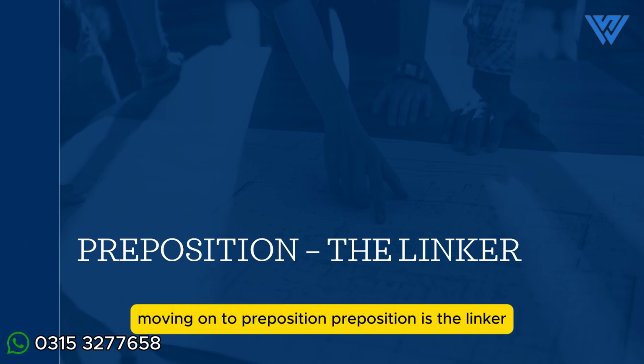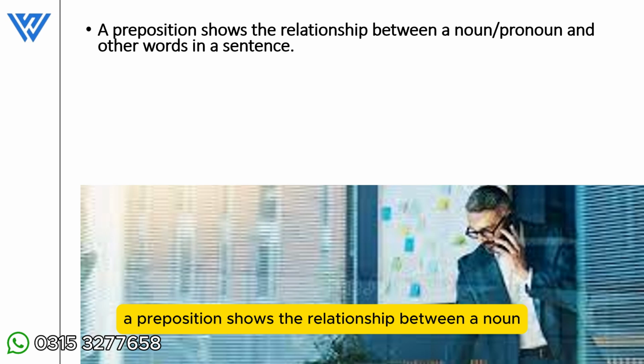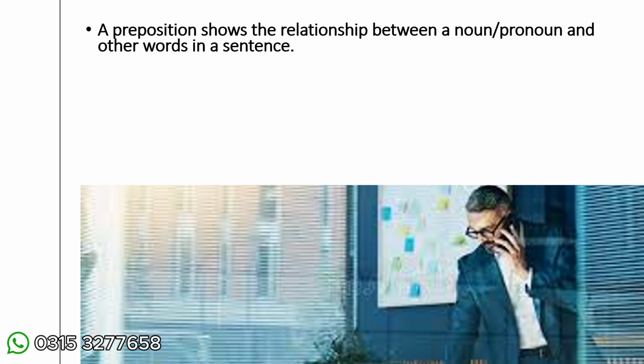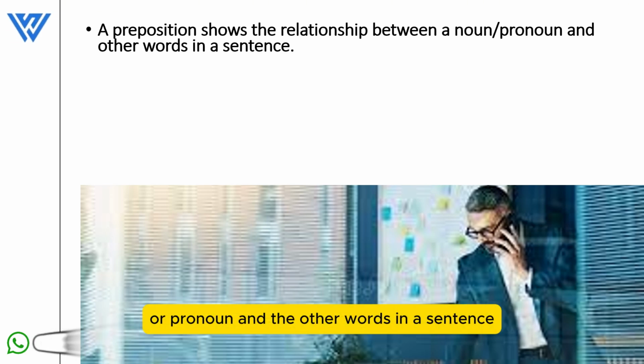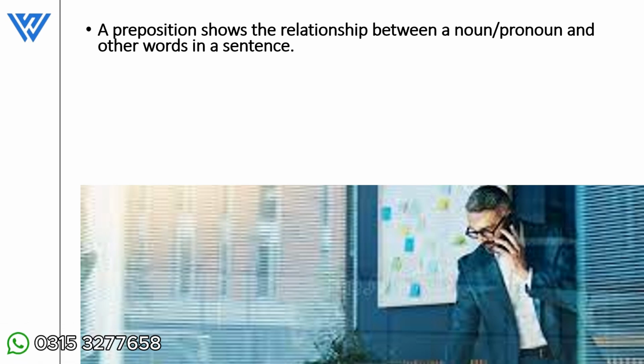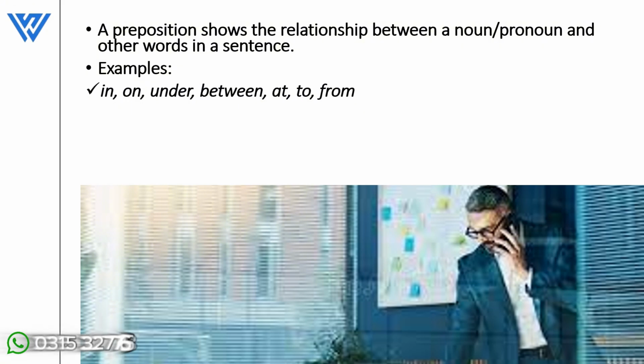Moving on to preposition. Preposition is the linker. A preposition shows the relationship between a noun or pronoun and the other words in a sentence. कि अब noun और pronoun को link करते हैं दूसरे words के साथ preposition words. For example, in, on, under, between, at, to, from.